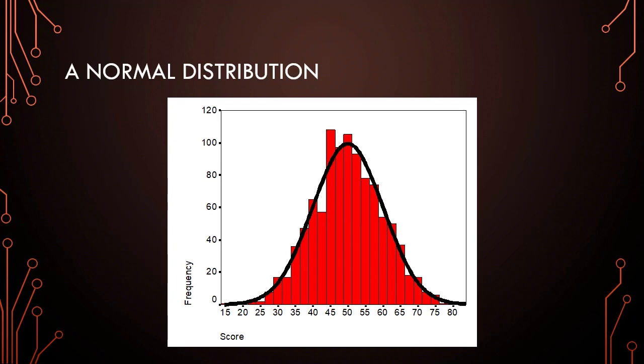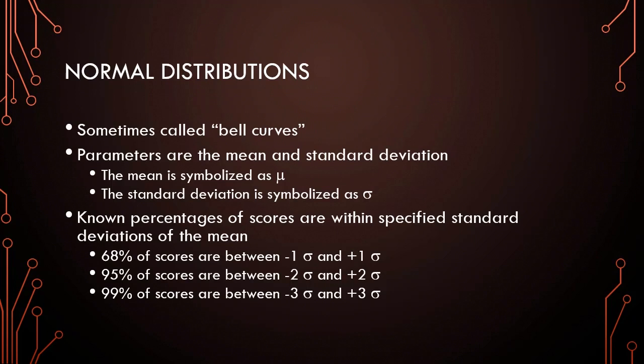Let me give you some facts about standard deviation of a normal distribution that will help us out. We know that a certain percentage of scores in our distribution model are within specified standard deviations of the mean.